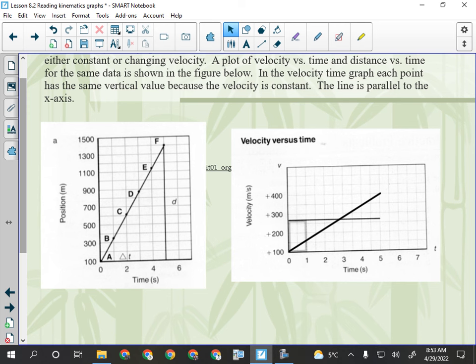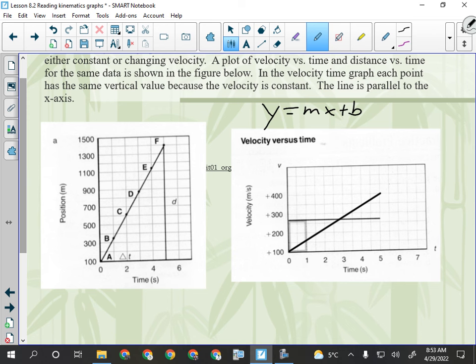Okay? Now, could I calculate the slope of that line? Yeah, for sure I could. Okay, it's one linear function, so this formula still applies. Okay, am I going to be calculating the same thing that slope represented on this graph?